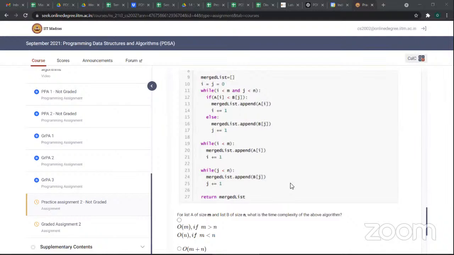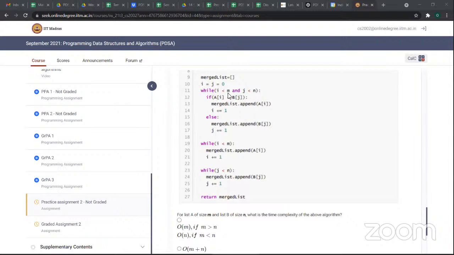It completely depends on how many variables there are. If it's a constant, you can ignore it. But if it's a variable, you should consider it. On top of that, if a variable is going to be much smaller than some other variable, then you can also ignore it, like we did for the loop which starts at line number 11.